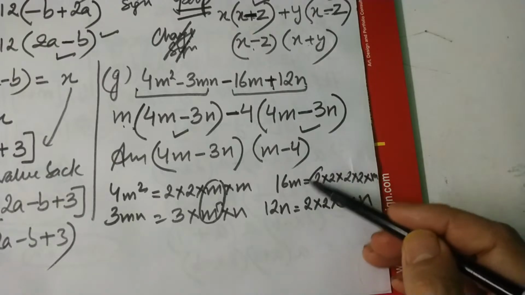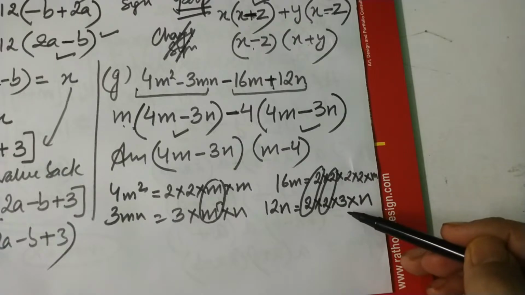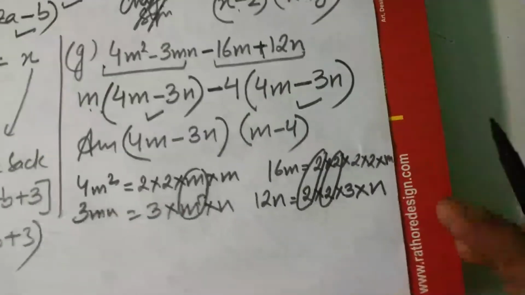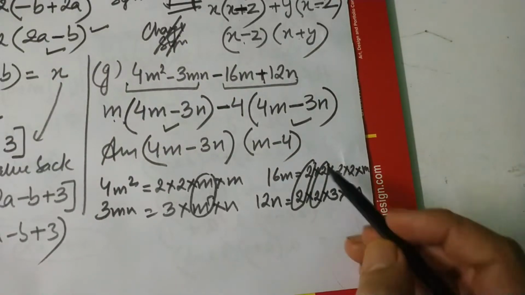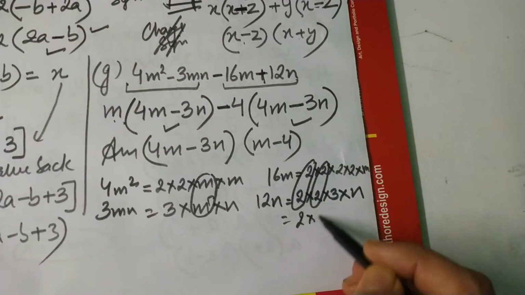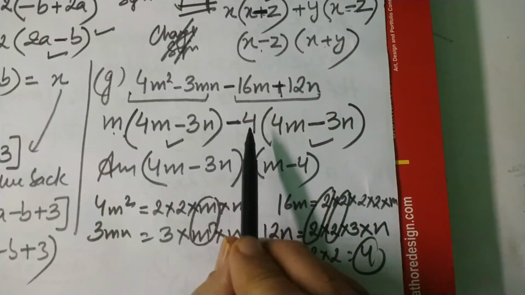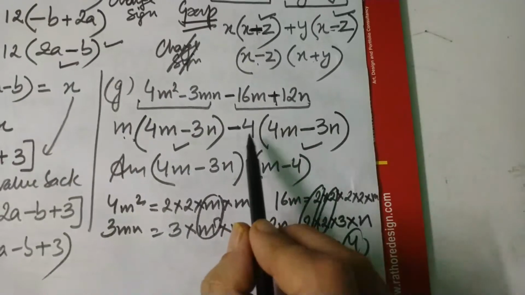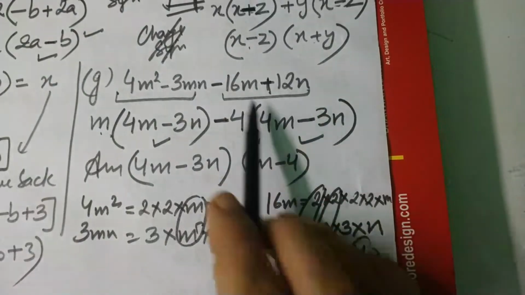Now in both of them 2 is common, 2 is common, 3 is not common, and m and n are not common. So only 2 and 2, so 2 into 2 means 4. So I took the HCF as 4 here.